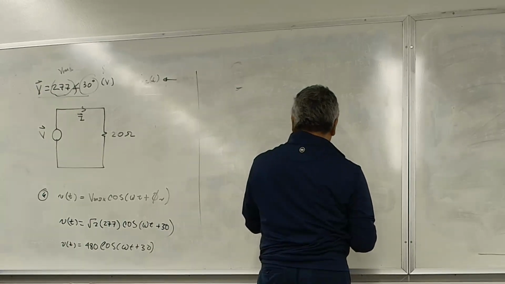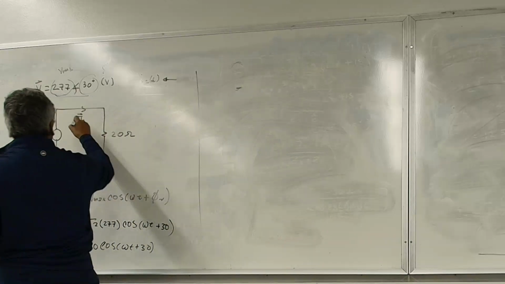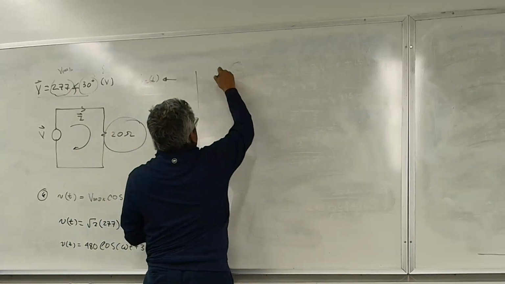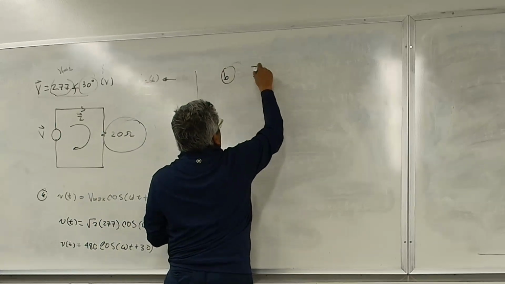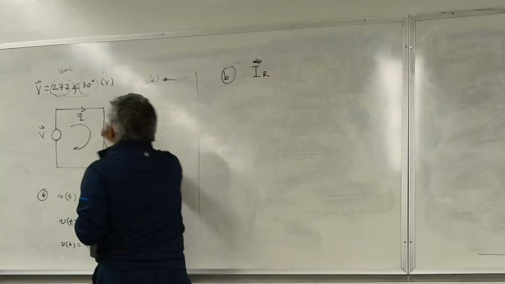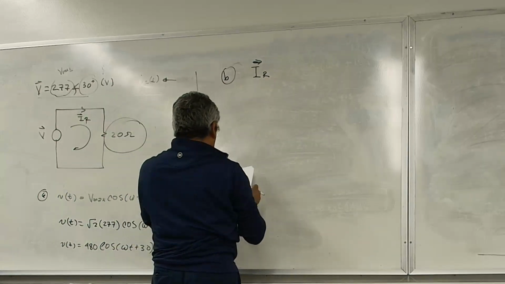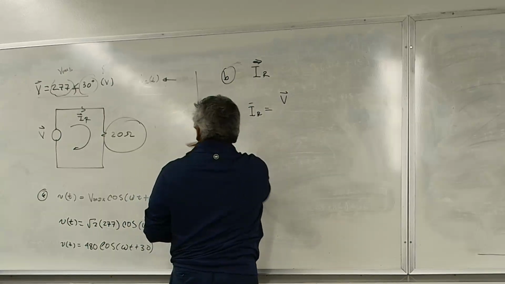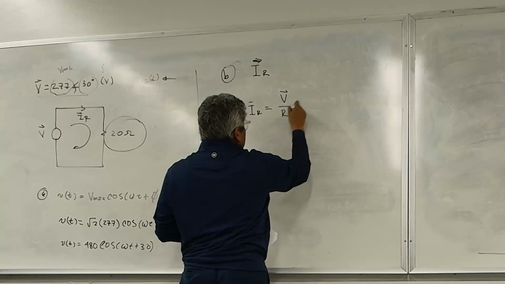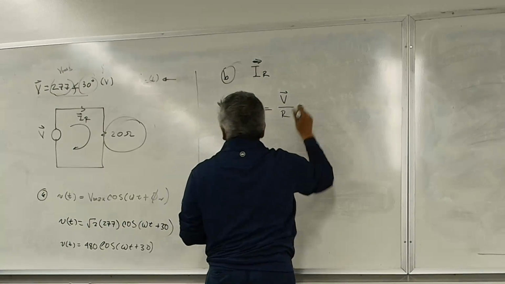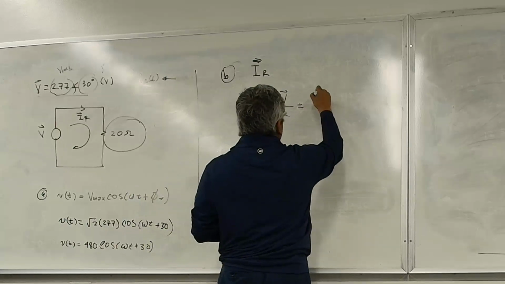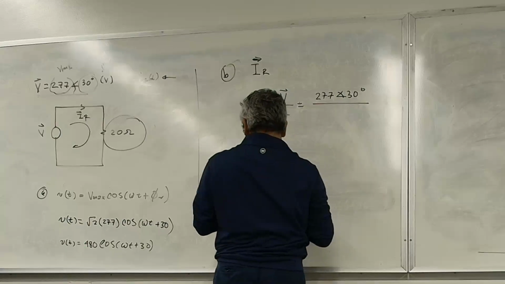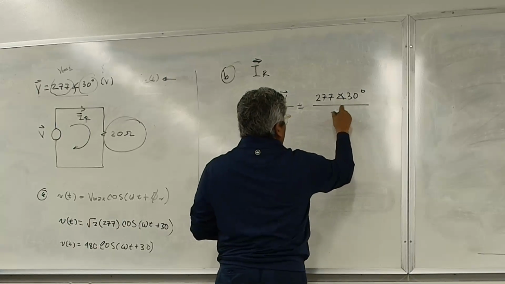All right, so the next question is, can you find the current if this is a purely resistive circuit? So that's B. IR is what they're asking me. Therefore, IR phasor is equal to V phasor, which we already got, divided by R. That's 277 angle 30 degrees divided by 20 ohms.